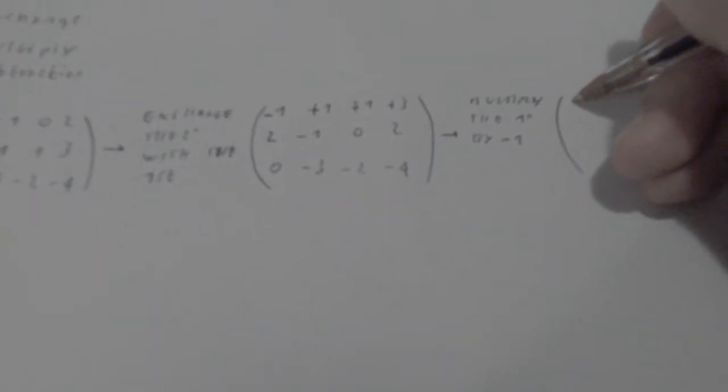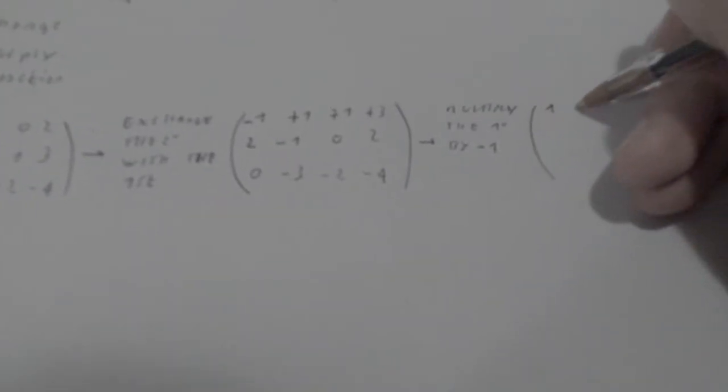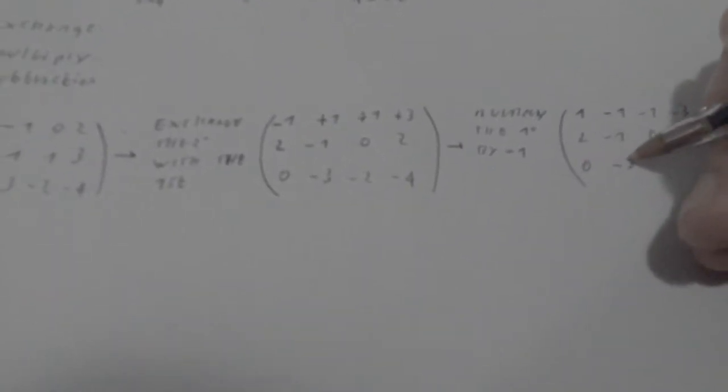So now I'm actually going to change the sign. So it's going to be 1, -1, -1, -3, 2, -1, 0, 2, 0, -3, -2, 4.